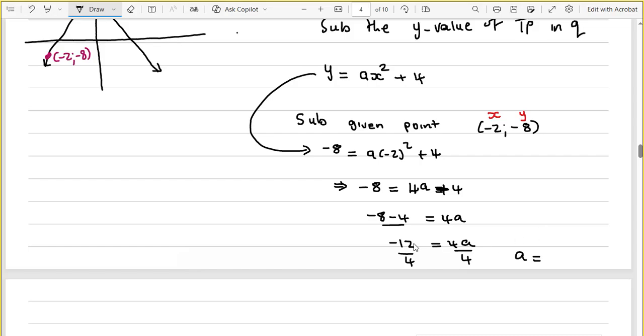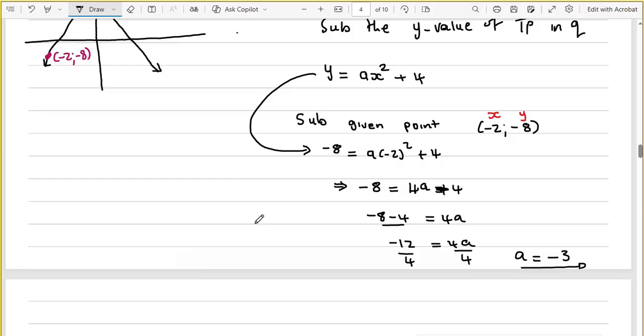If the 4 comes this side, that will be -12. And then 4 goes into 12 how many times? 3 times, right? Yes. Okay, which gives us -3. So the answer is -3. That's the value of a.